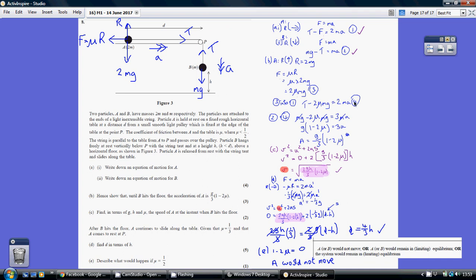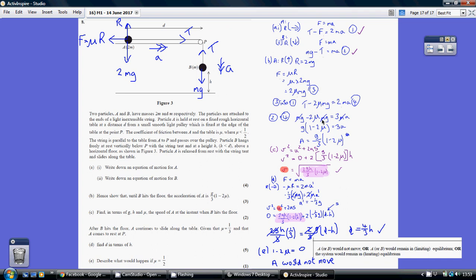So now focusing on equations 2 and 4, if I add these together, I will eliminate the tension because I've got a minus T in this one and a plus T in this one. So I'm choosing to add these two equations together. Okay, so that gives me mg minus 2 mu mg equaling, with them added together, 3 lots of ma.